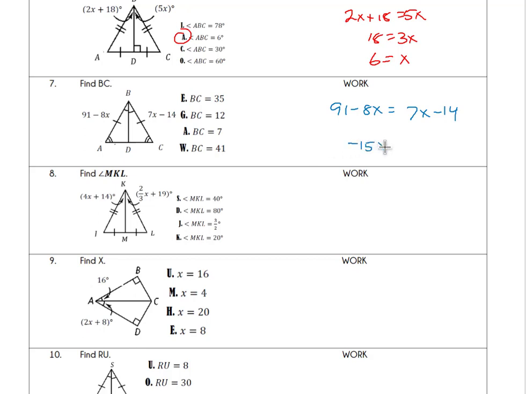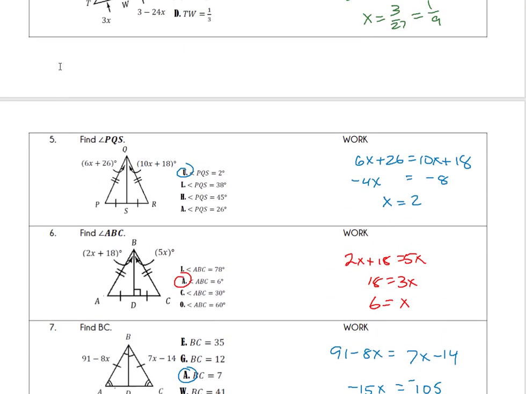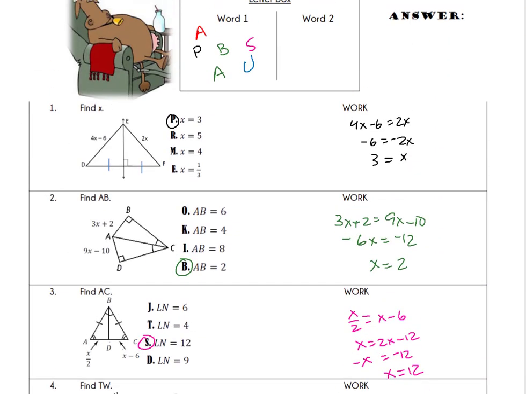Minus 15x is equal to, and take 91 away from both sides. Looks like we get negative 105. And divide both sides by negative 15, we get 7. And 7 goes with another A. So an A goes in for the pattern up here.